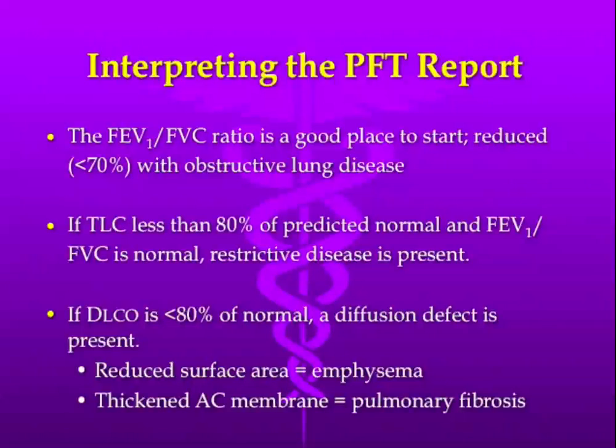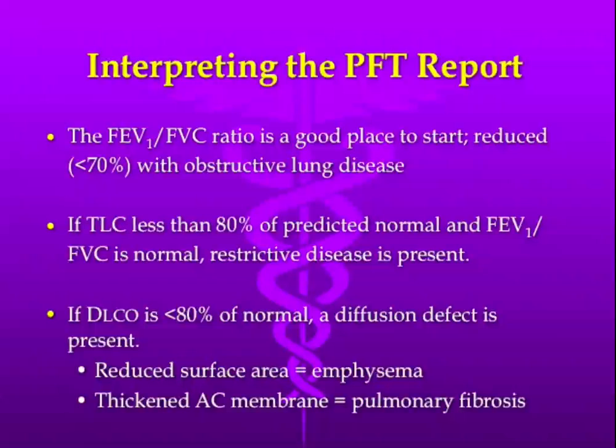If the total lung capacity is less than 80% of predicted and the FEV1-FVC is normal, you have a restrictive lung disease. Keep in mind, the FEV1 to FVC is a ratio of what I blew out, how much I got out in a second. We're not saying the FVC is normal, we're saying the relationship between the FEV1 and the FVC is normal.